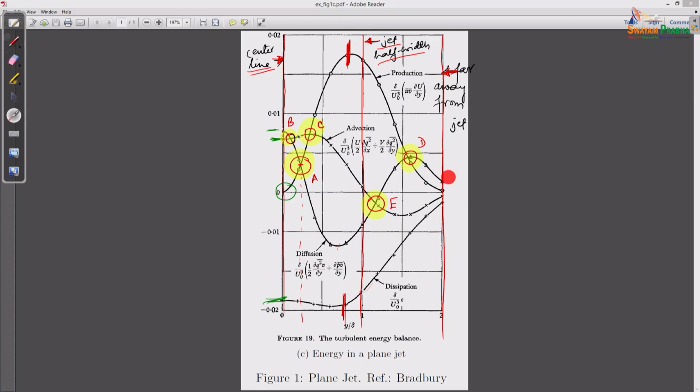It could be production, advection, diffusion or dissipation, and we looked at salient points as to how things are happening. However, as we start moving farther away from the jet, all of these things become negligible. They become zero, of course.